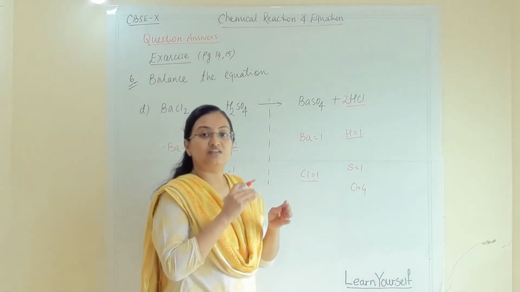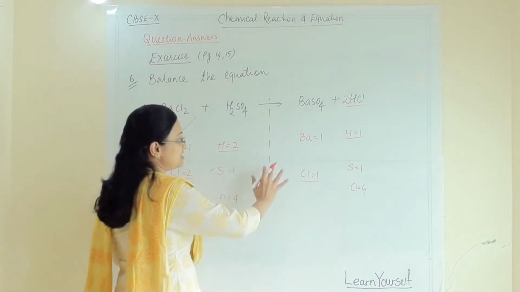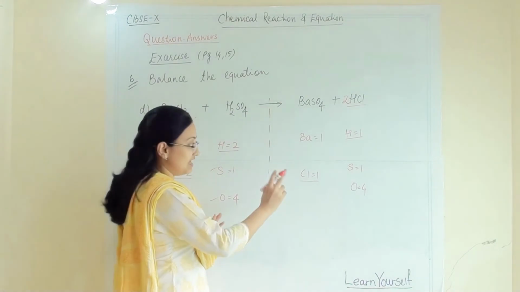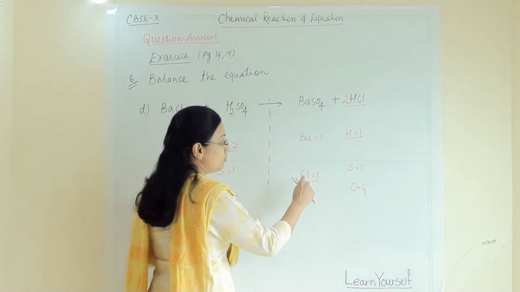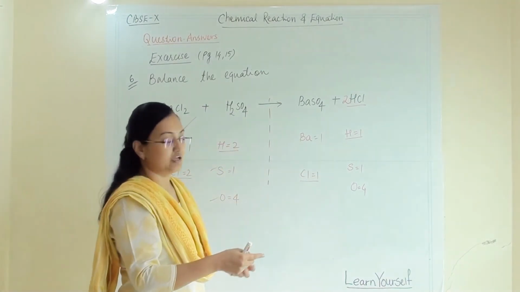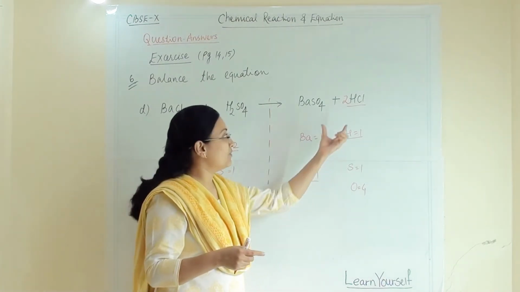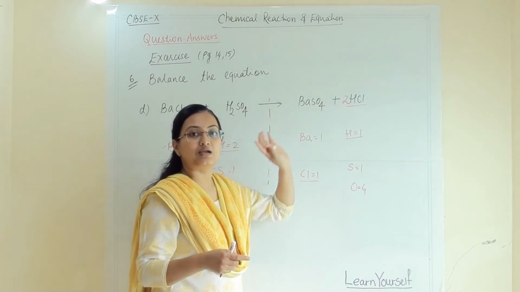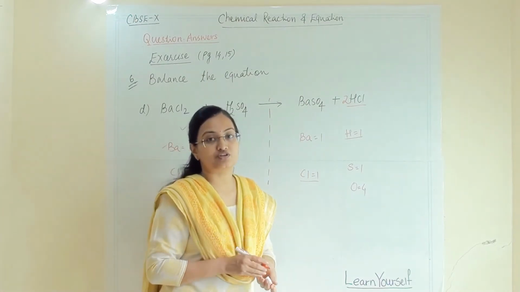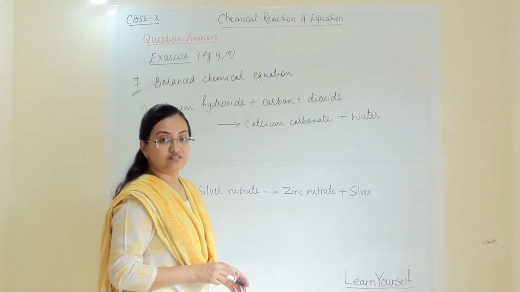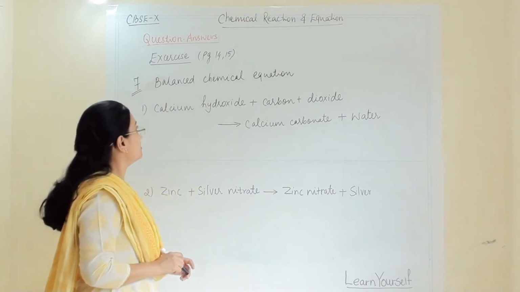So first, whenever you are writing these atoms, at that time you figure out what all things you have to balance, and if the balancing atoms are in one compound, then simply by adding one number your equation will be balanced. Moving towards our next question 7.